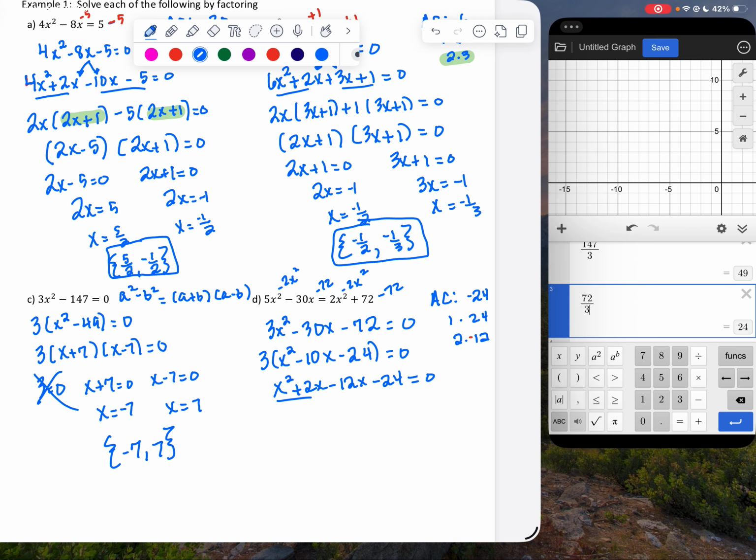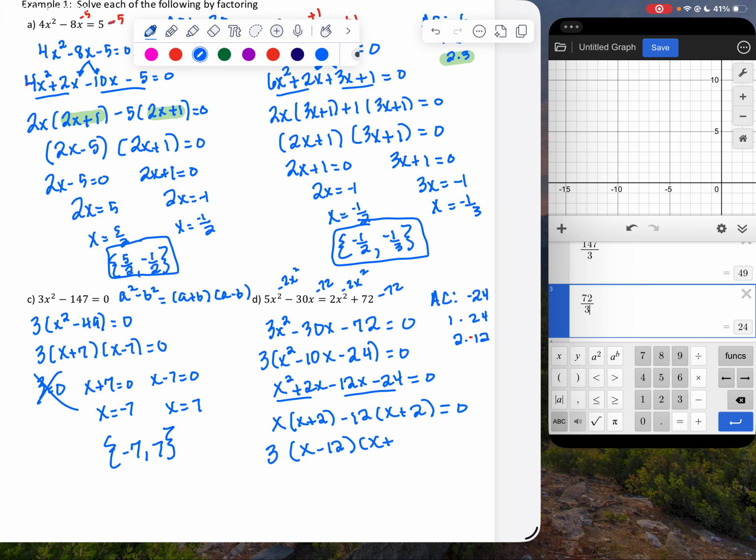So group this up. The common factor here is x. That would leave me x plus 2. The common factor of my second grouping is negative 12. And that would leave me x plus 2. So my final factorization, bring down the 3, and you'd have x minus 12.